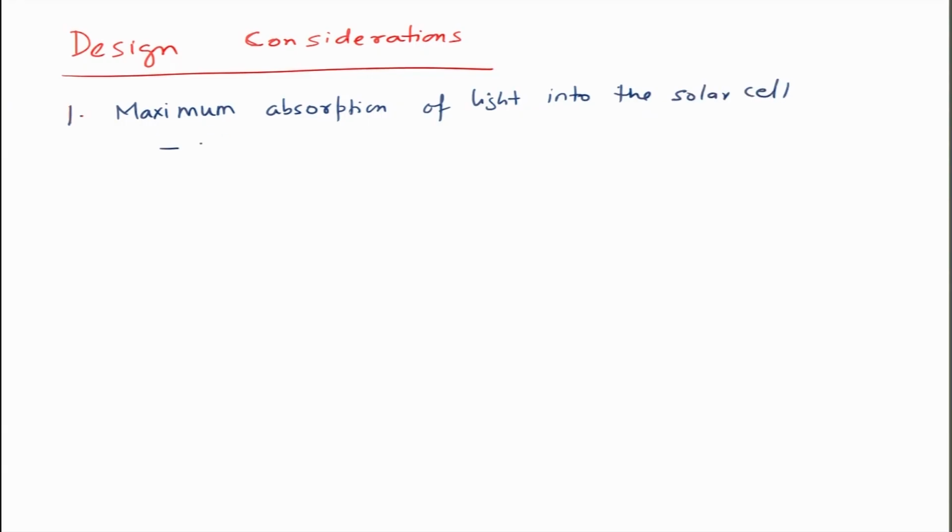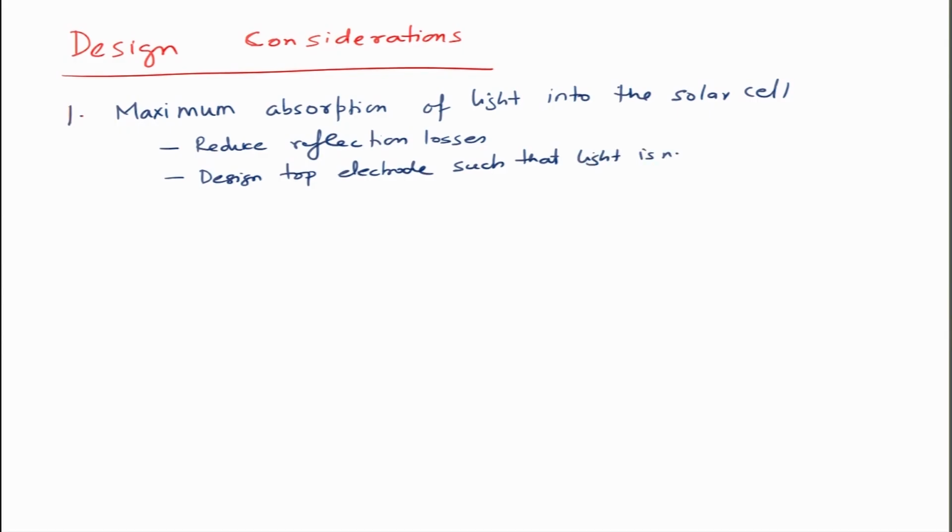What does it mean? One, you reduce the reflection losses, and that we also see in quantum efficiency. To reduce reflection losses you need to make some modifications to the surface, and you also need to design your top electrode such that light is not blocked.